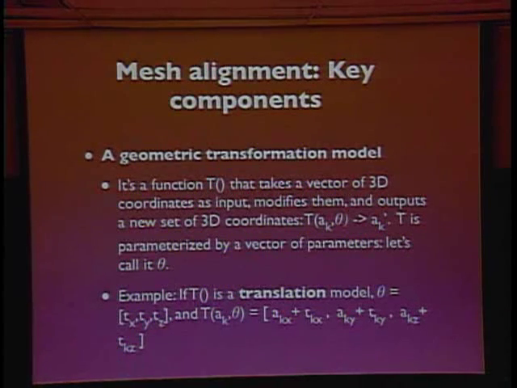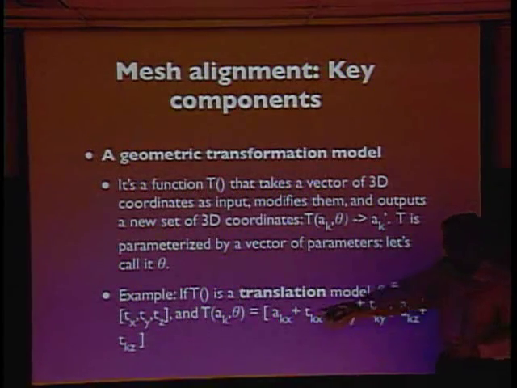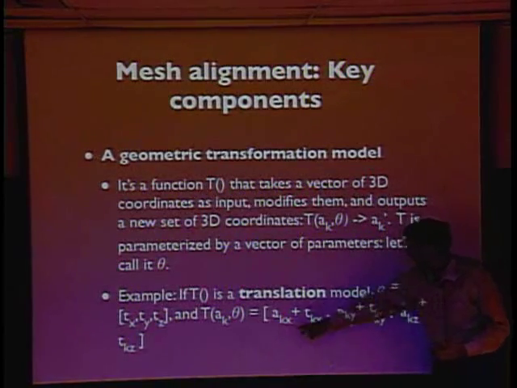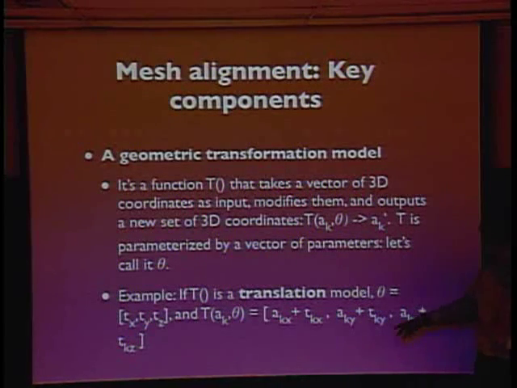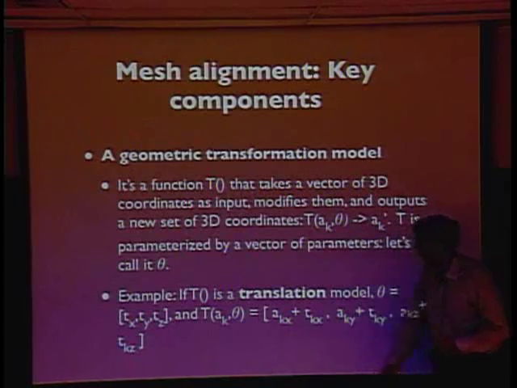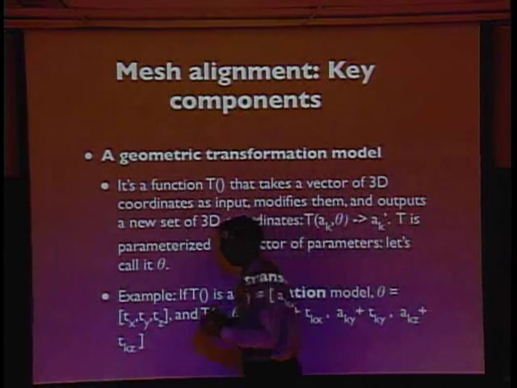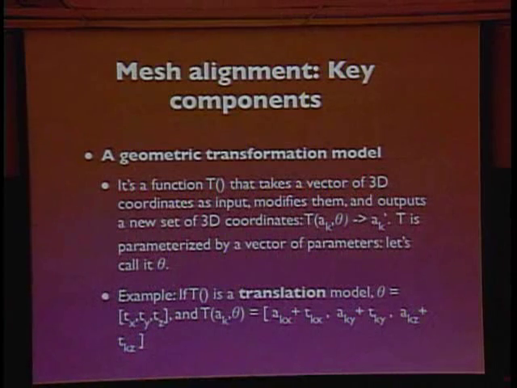If I have one particular x, y, and z translation, I call that t_x, t_y, and t_z, then this function T is going to take A as an input, A_k x, A_k y, A_k z, and simply add the t's to it. So the input is the original A coordinates, and the output is the A plus t coordinates. This is a very, very simple geometric transformation model. But the point is that all it does is modify 3D coordinates to give you new 3D coordinates. Okay?